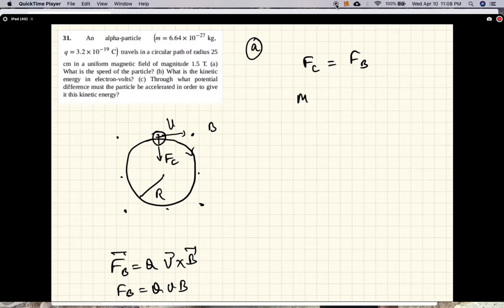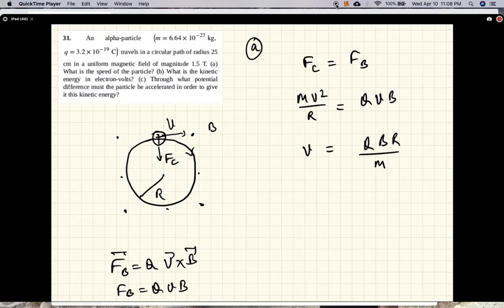So mv squared by r equals qvB. What we're trying to find is the speed of the particle, so one of the v's cancels, so v is equal to qBr over m.